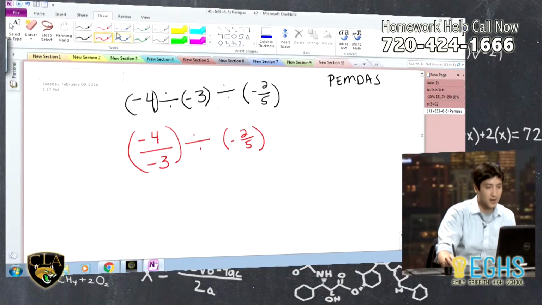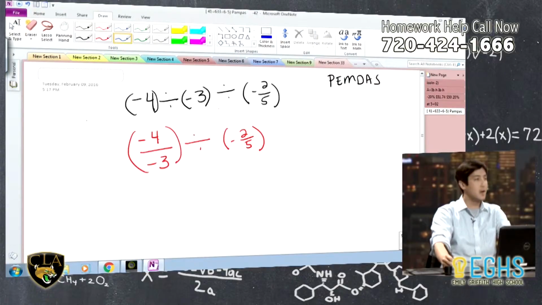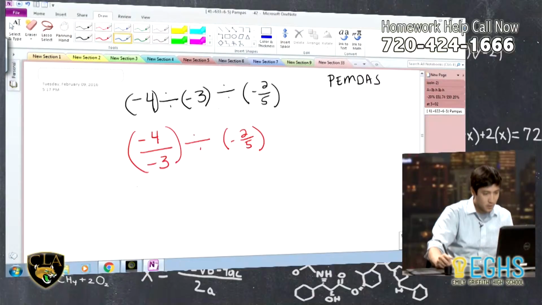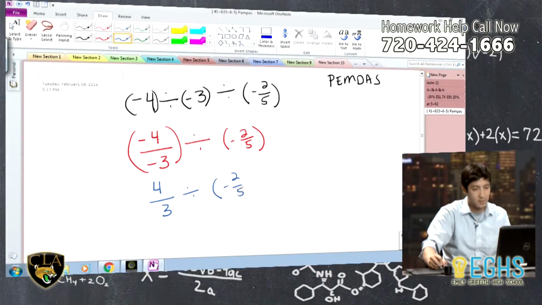So -4 divided by -3, we're not going to punch this in the calculator. I think often everybody wants to just grab a calculator, but we're going to just simplify this as 4 divided by 3, and then divided by -2/5. And just a quick reminder, when I have these two negatives here, that makes this positive.